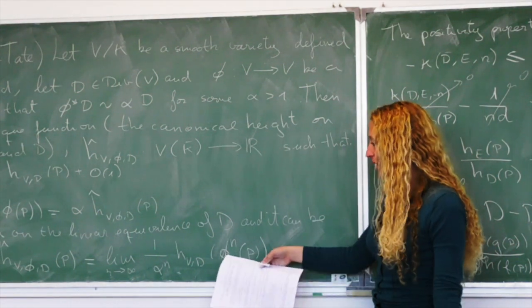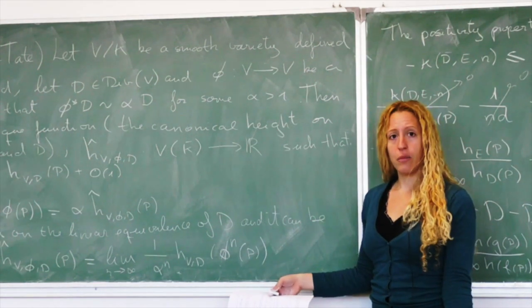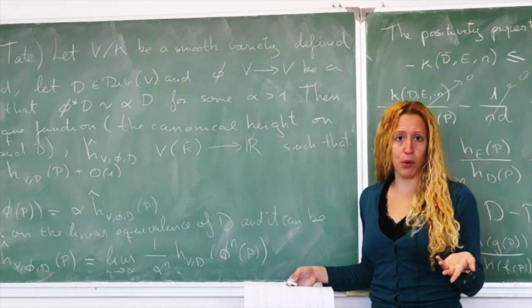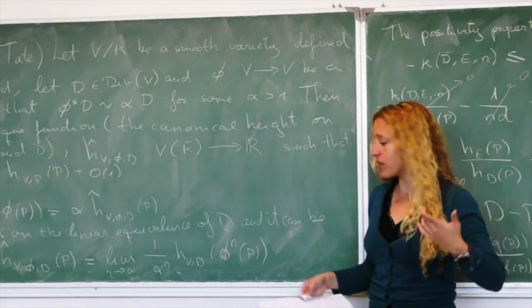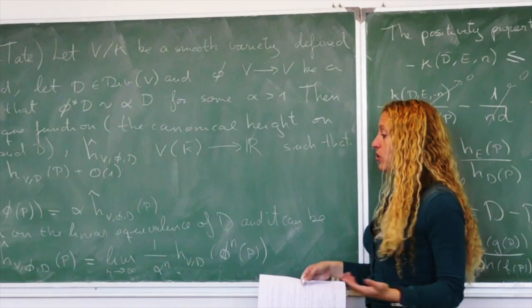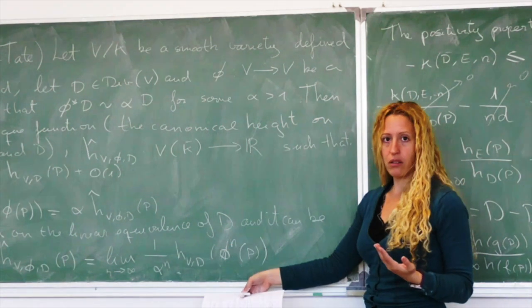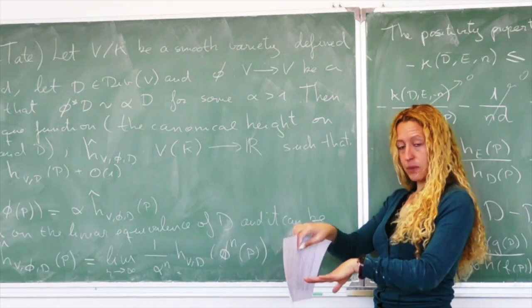The problem is that if I take the limit like this, it is going to go to infinity, because in general the height is always bigger for the image than for the starting point. You are kind of multiplying by the degree of the morphism you are considering. So this thing would go to infinity. This is why the idea is to divide by something that makes that limit stable.